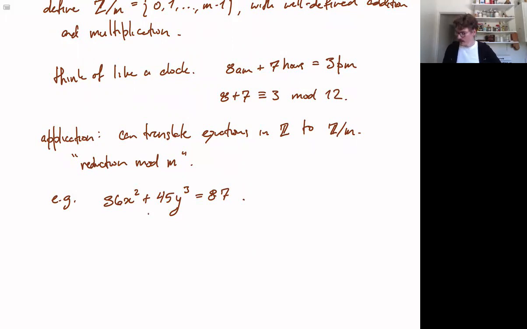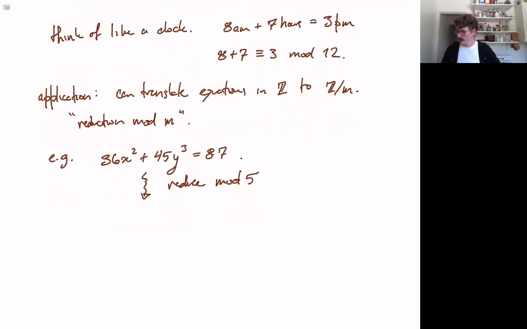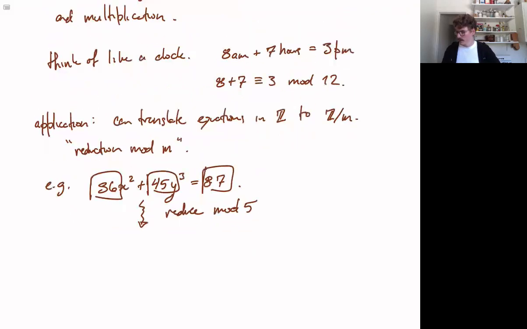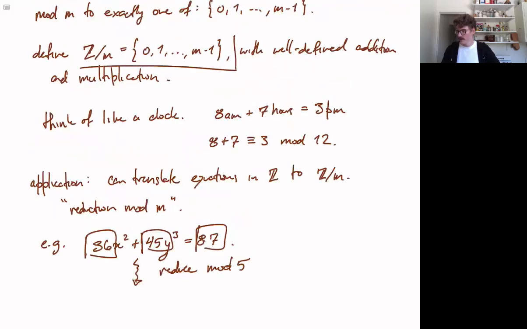So in this case, I'm going to reduce mod 5. And so what do I need to do this? I need to look at all the coefficients and basically reduce them mod 5 in the sense of finding the representative in this set.